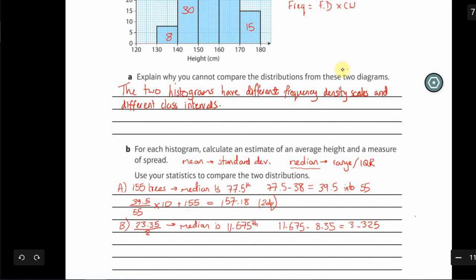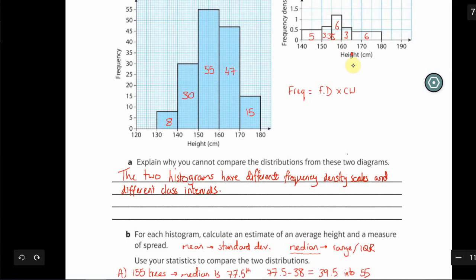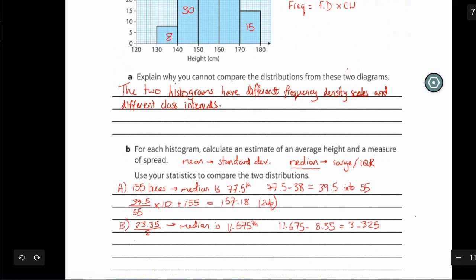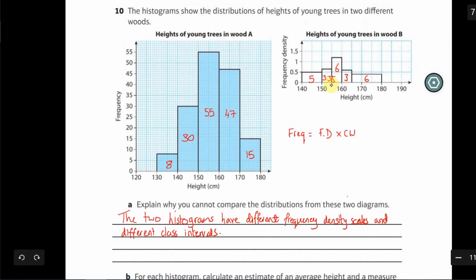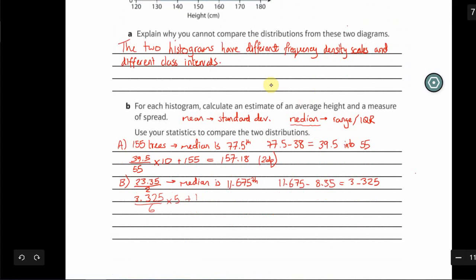It is that many into the 6 in that middle bar. So it's just over halfway through that middle bar. So it is that fraction out of 6 times a class width of 5. And don't forget to add on to the lower bound, which in this case is 155.